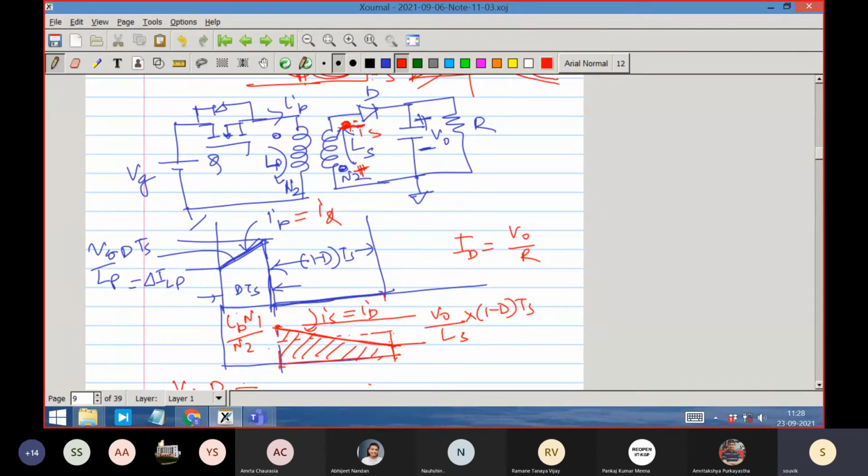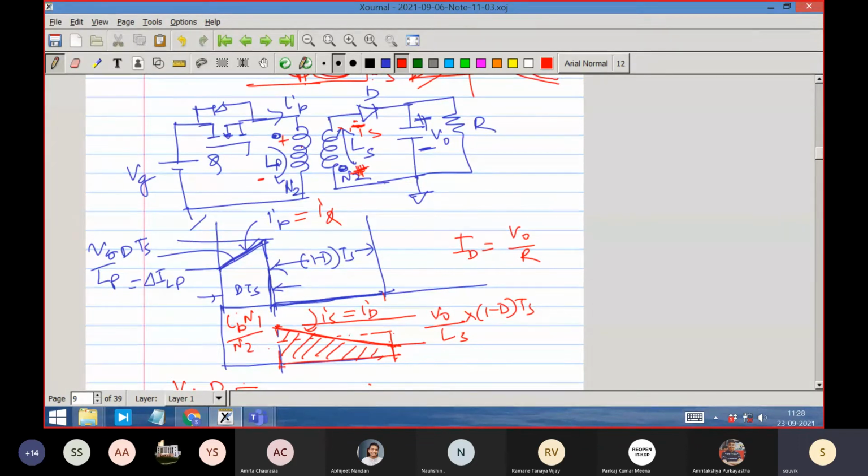I should not confuse you. This is the dot, this is the dot. The dot terminal potential is plus.